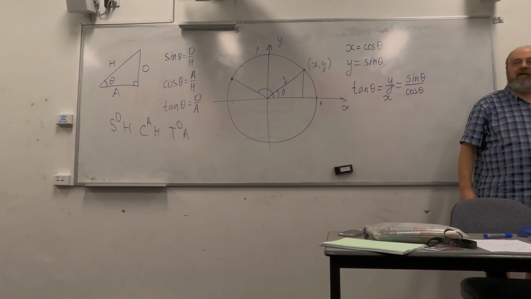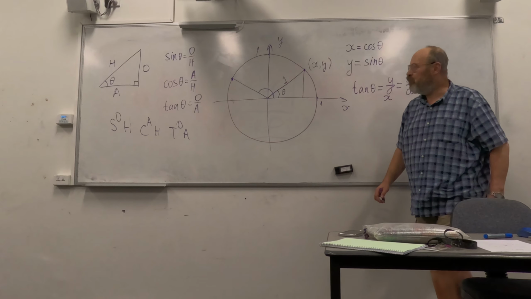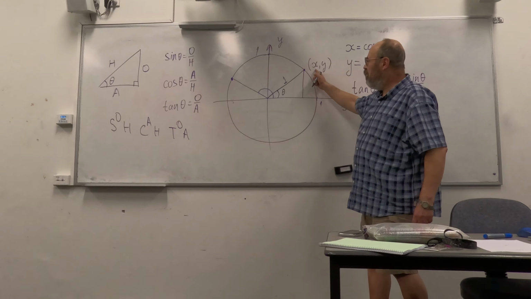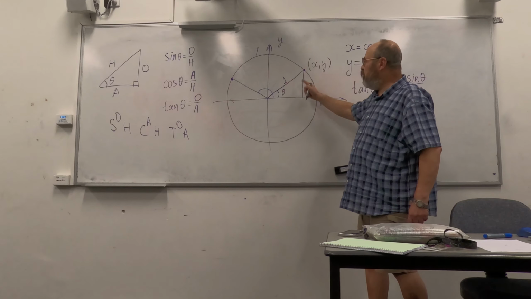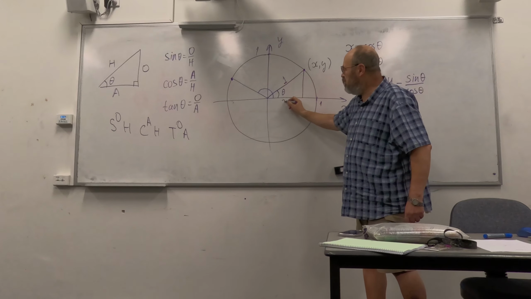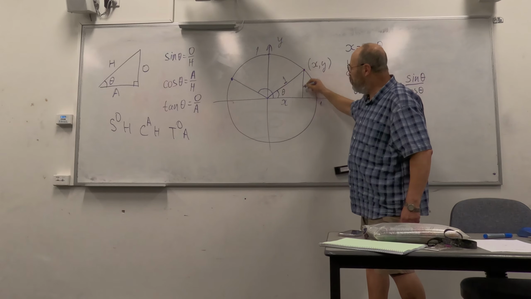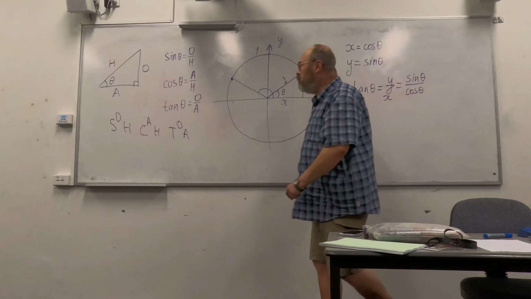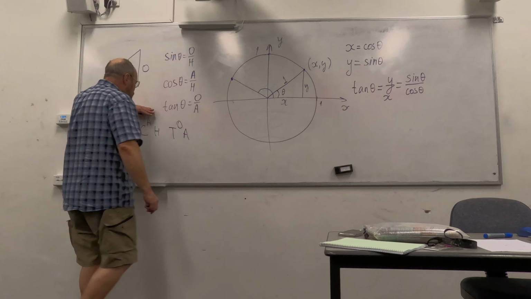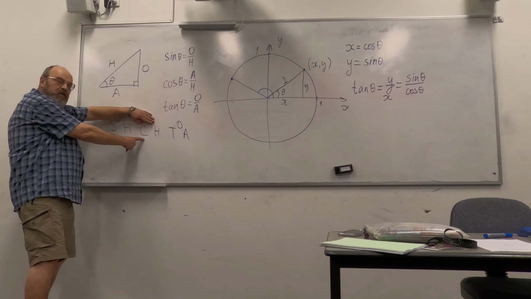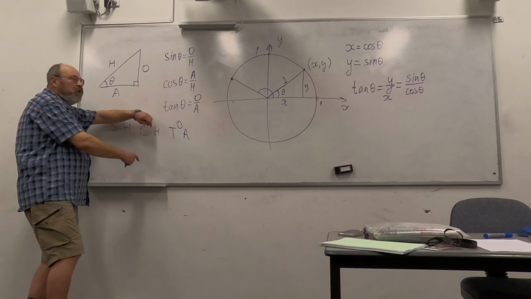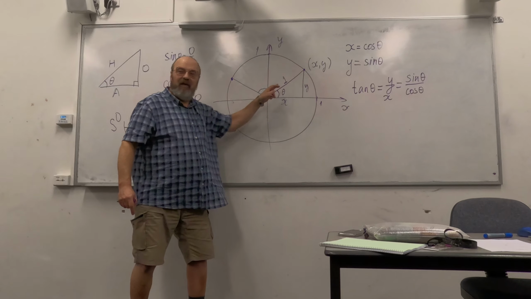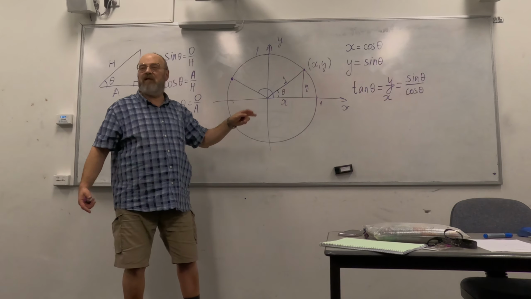He needs a bit of clarification for the first bit, how you get x equals cos theta. X is this, this is X, this is Y. X is the adjacent side. Adjacent equals hypotenuse times cosine. What does hypotenuse equal? 1. 1 times cosine is cosine.